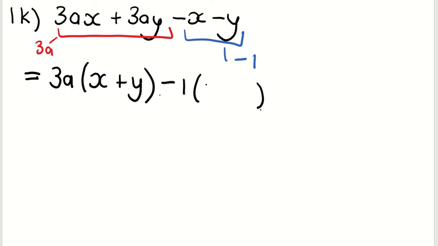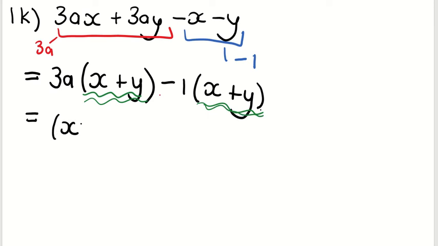So then inside the bracket, I'm going to be left with x plus y, and now my brackets are the same. So you guys see how you can manipulate something to get these two brackets to be common factors. So for the next one, we now take out the x plus y as a common factor, and we are left with 3a minus 1.